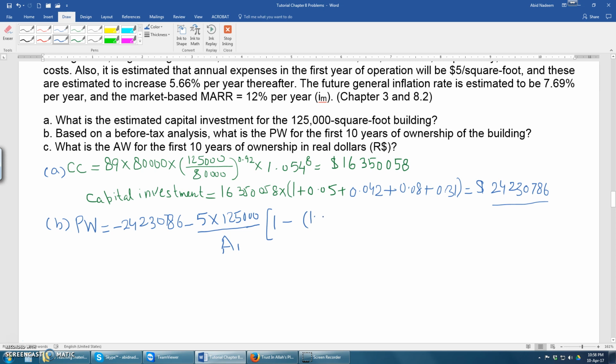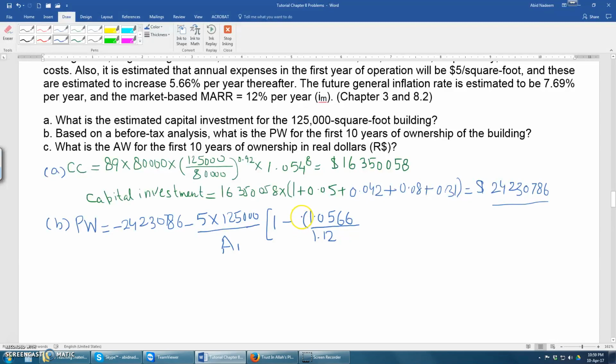No, the inflation rate itself is 7.69%, but the increase in this expense is at 5.66%. So this is the value 5.66% divided by the market interest rate, because these are the actual dollars, so we can use the market interest rate of 12%.